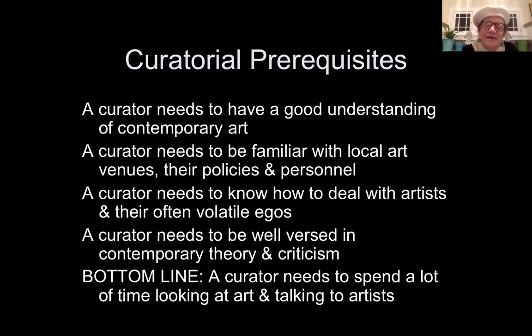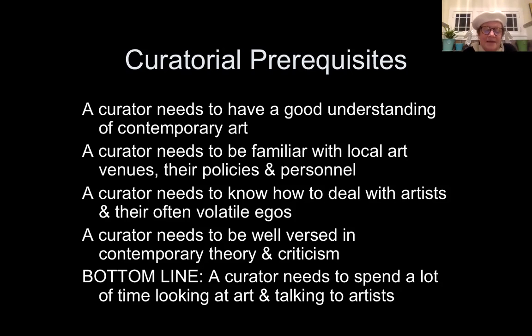And so it is like walking on eggshells sometimes to say things like, I don't think that particular work is the best way to represent yourself in this show. Or I don't think your work should go there. I don't think it flatters your work. You have to be able to say that to make the show good, but you also have to be able to deal with the sometimes explosive responses to that.